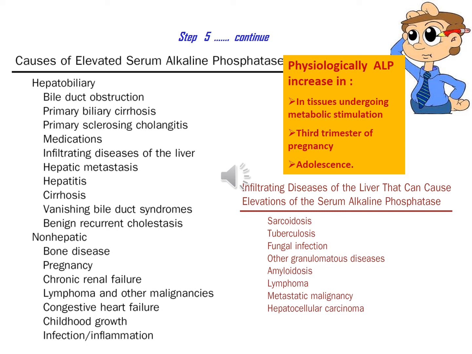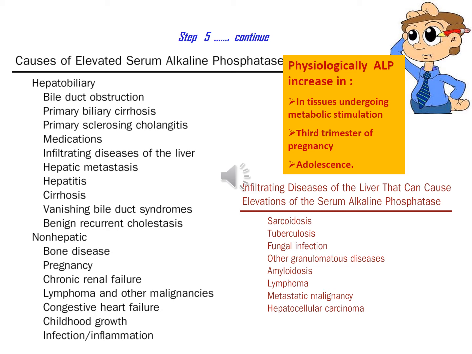Physiologically increased alkaline phosphatase should not be forgotten. It may increase in tissues undergoing metabolic stimulation, like growing bones in adolescence, or in the third trimester of pregnancy from the placenta. After excluding physiologically raised alkaline phosphatase, the differential diagnosis may be of hepatobiliary origin, like bile duct obstruction, primary biliary cirrhosis, primary sclerosing cholangitis, medications, infiltrating disease, and hepatic metastasis.